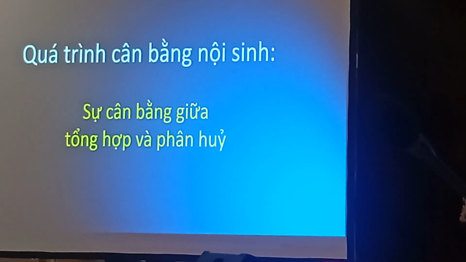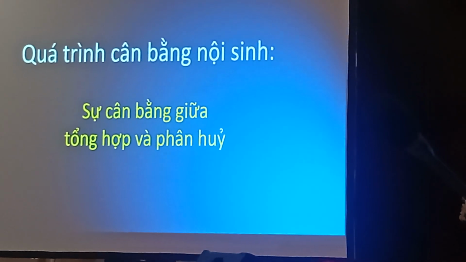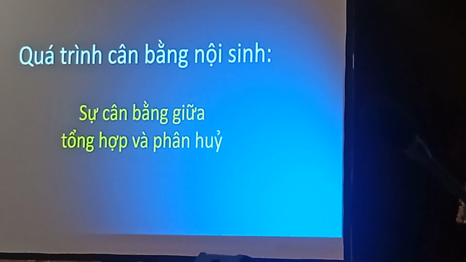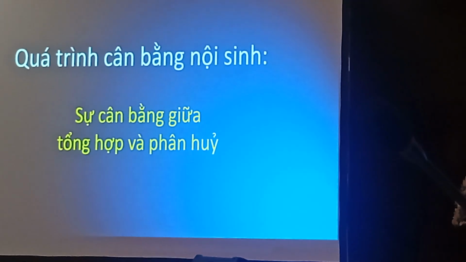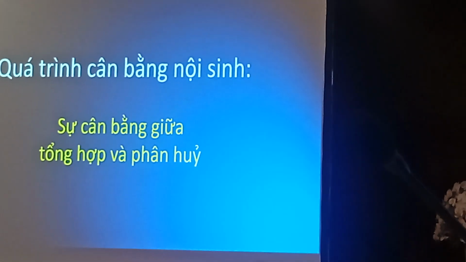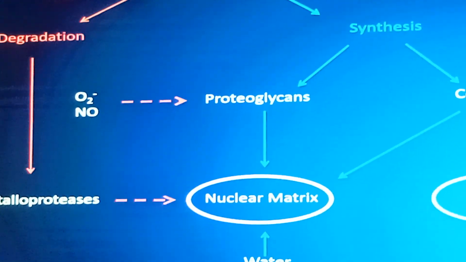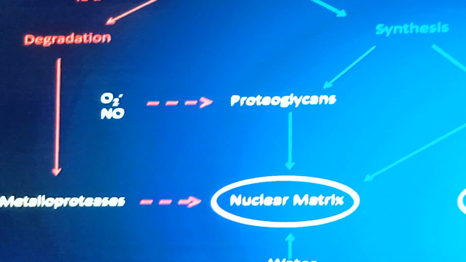But those chondrocytes also control the degradation of those elements through TNF alpha and interleukin 1, mediated by superoxide and nitric oxide. They will degrade those proteoglycans over time, and metalloproteases will also contribute. And there has to be a balance of this synthesis and degradation to maintain the health of the nuclear compartment.